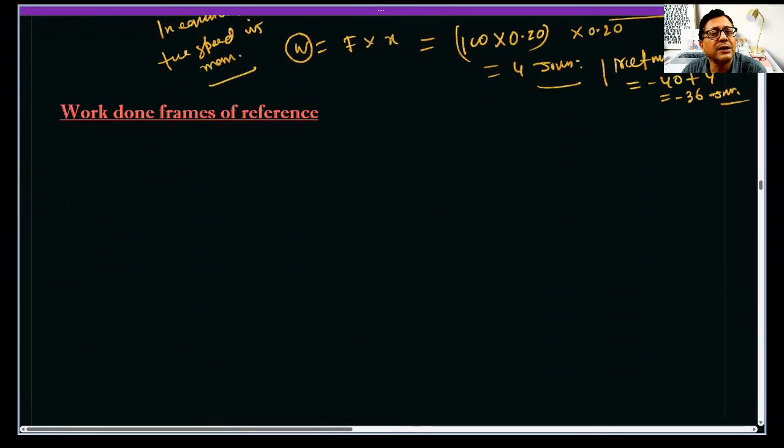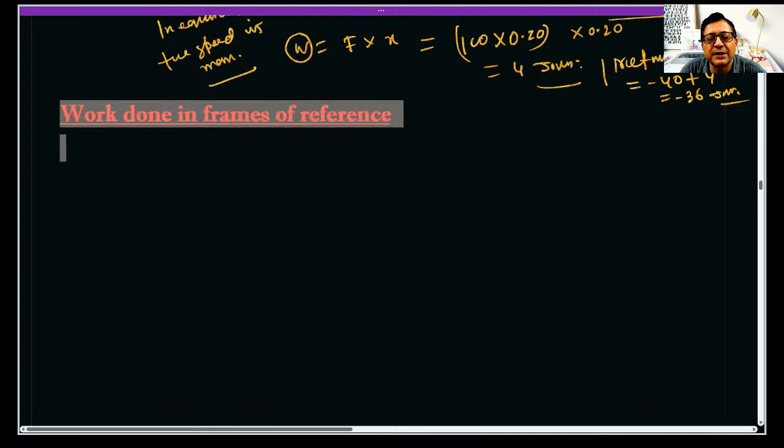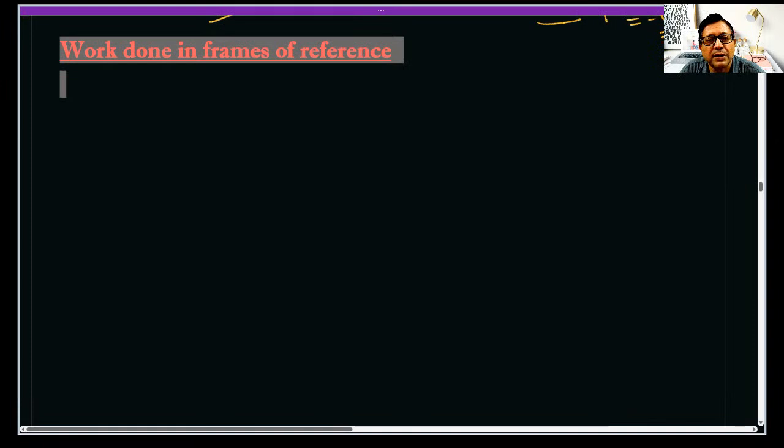Next, work done in frames of reference. Suppose you have displaced an object, you are situated on a car or a train, whatever.